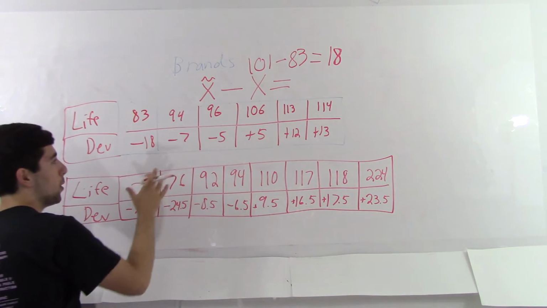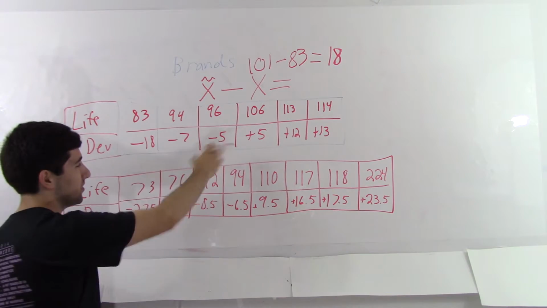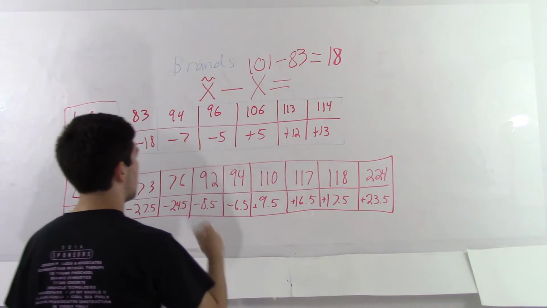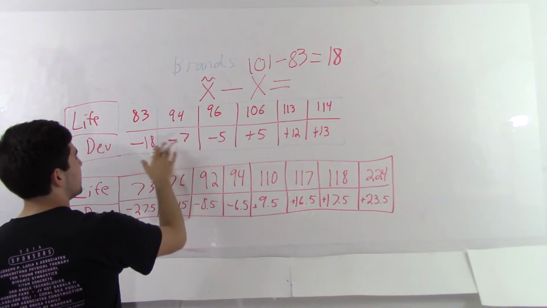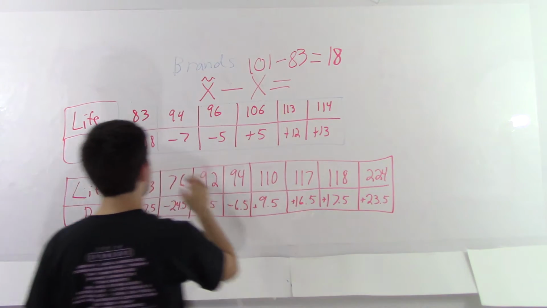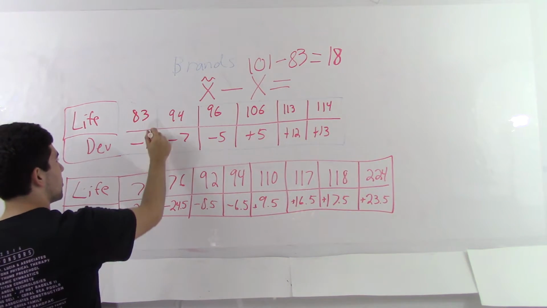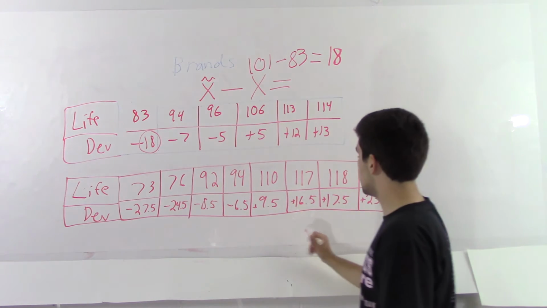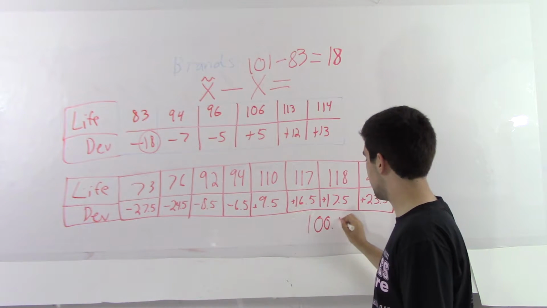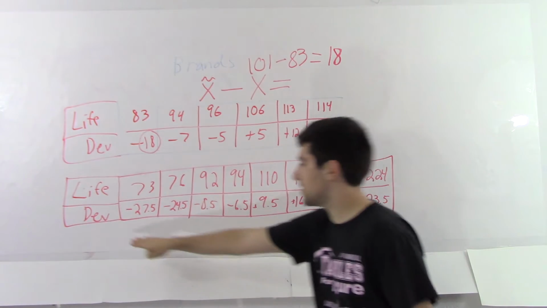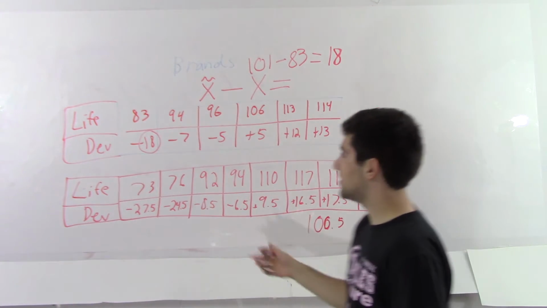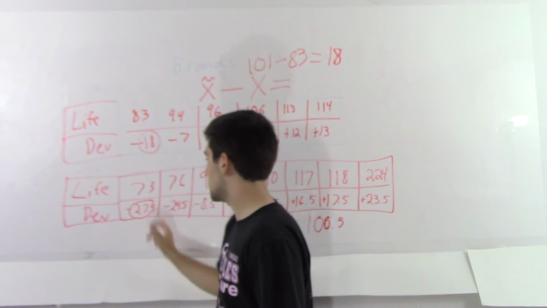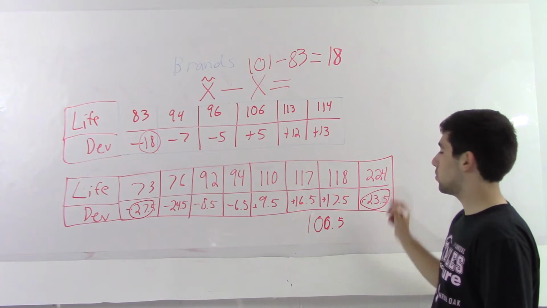But what we're not looking for is if it's positive or negative. That's irrelevant. What we're basically looking for is the numbers. So here we see that from the mean, the largest it's going to be bigger than is 18. But down here, our mean was 100.5. I did the same thing to find our deviations, and the deviations are much larger. 27.5, 23.5.